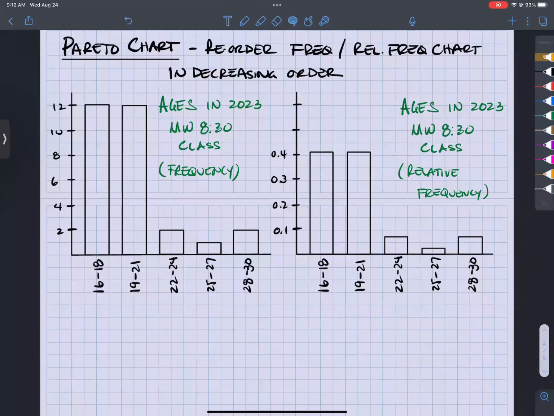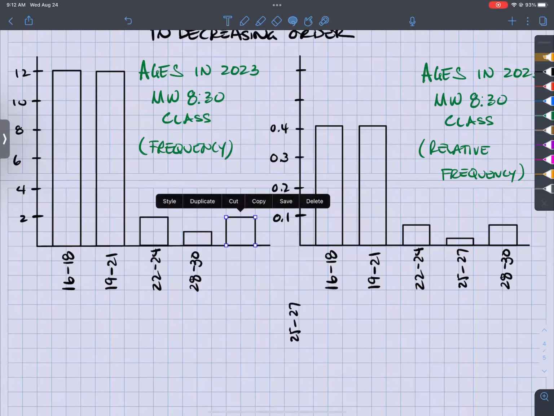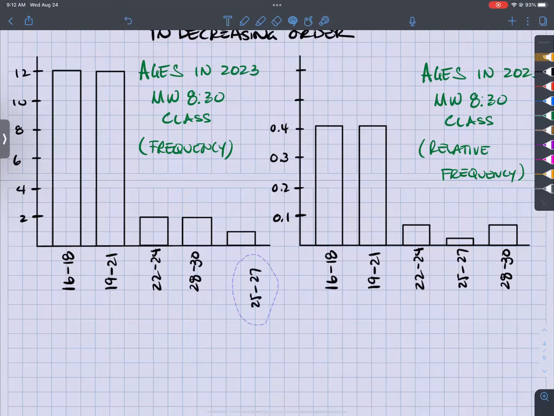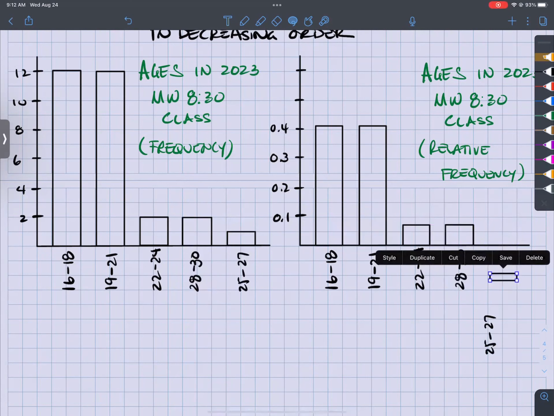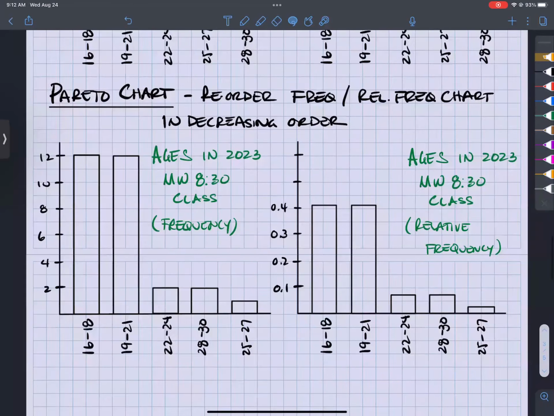So what I have to do is essentially take these and go in decreasing order. So lucky for me... and voila.